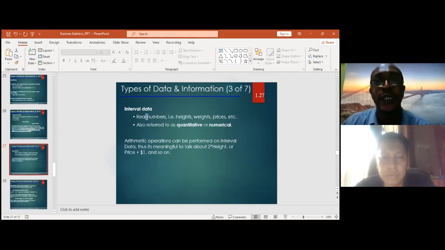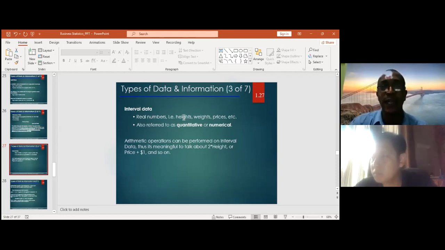So let's start with interval data. Interval data refers to real numbers. For example, the height of the students in this class is an example of interval data because it has a numerical value. The weight of each student in this class is interval data.